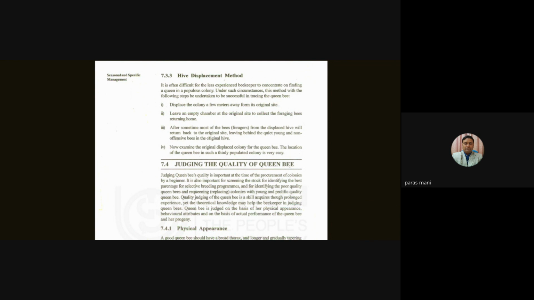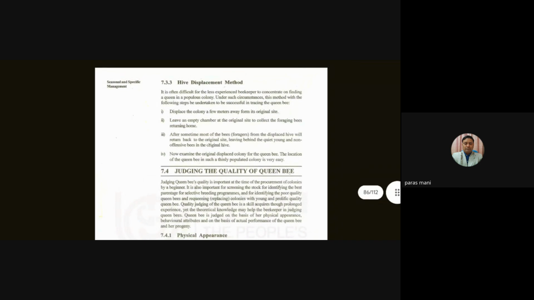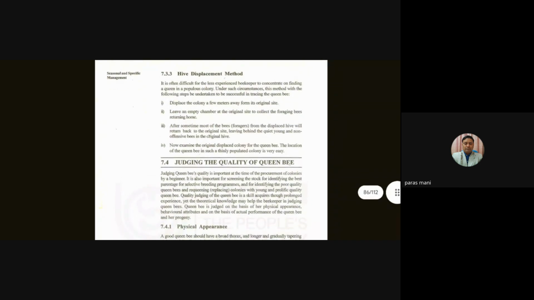Leave an empty chamber at the original site to collect the foraging bees returning home. An empty chamber will be kept at the original site. So the worker bees which have gone out of the hive, while returning, think that is their hive and return to the same location.